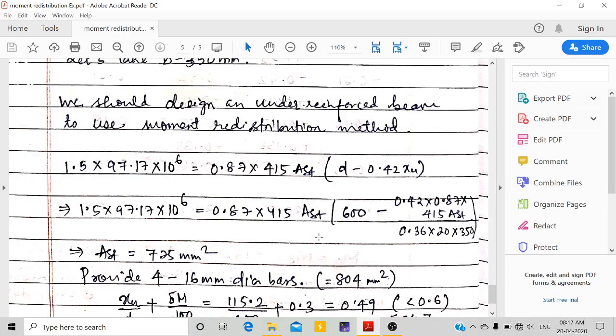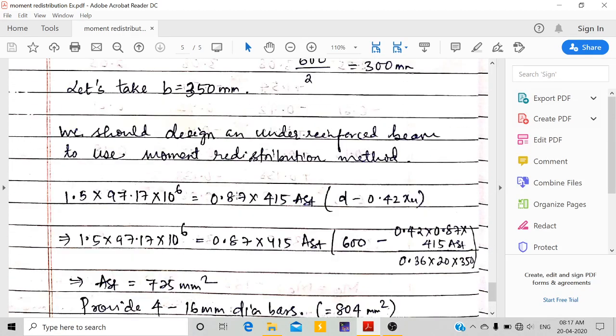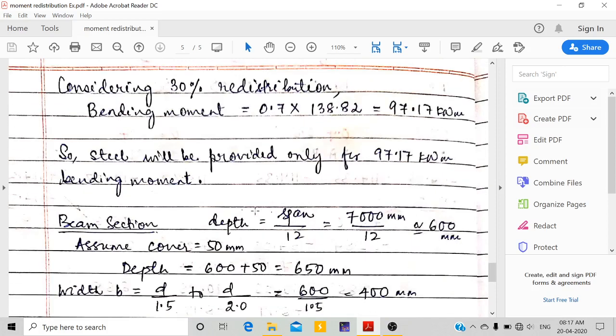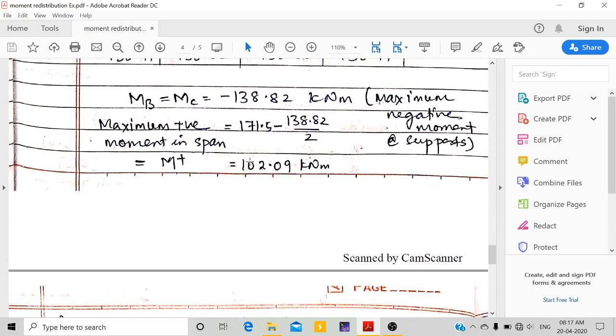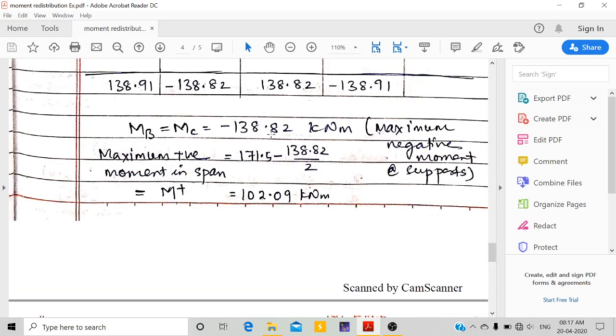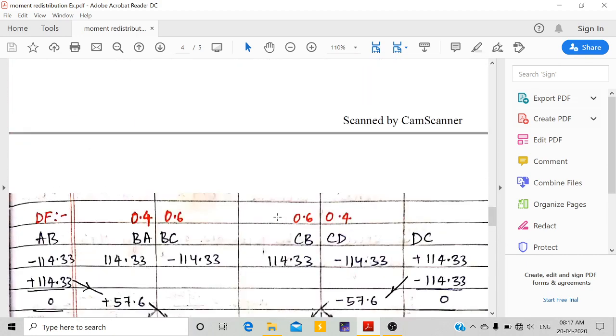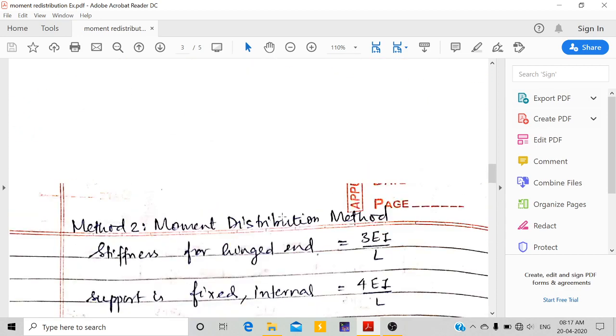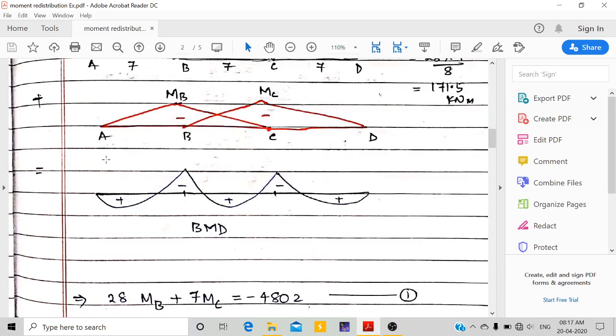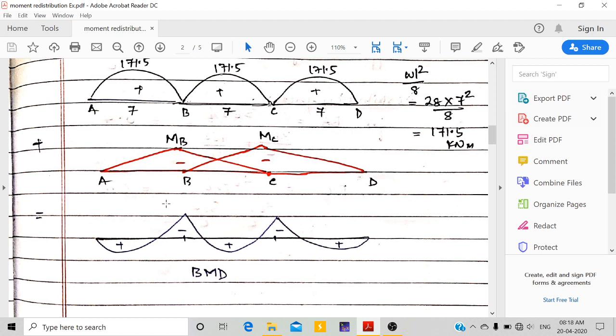Now what we have got after redistribution is the bending moment diagram with the support moments as minus 138.82. If they ask you to draw the bending moment envelope, what you have to do is, in this bending moment diagram, this is the elastic phase, you can write here.